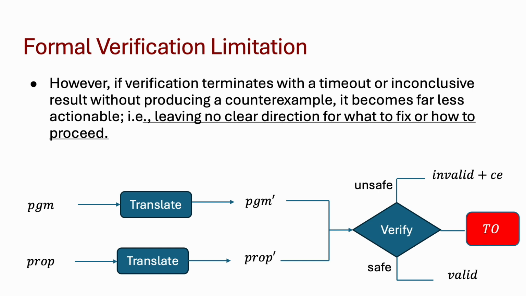And this is really essential because, when the property is valid, there's nothing really to be done. It's useful to know where things are going wrong, and it's crucial because that helps us iterate on the program. So anyways, we sometimes get timeouts or unknowns from the solver, which are not very useful.